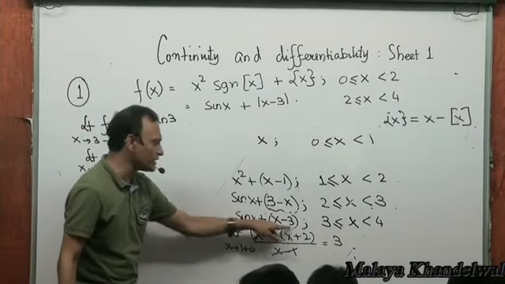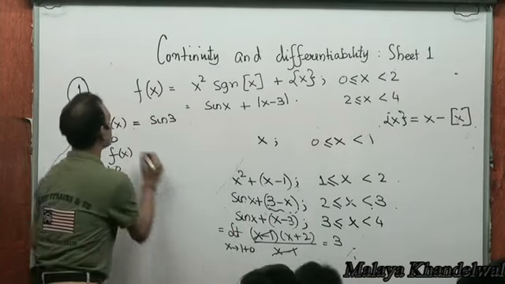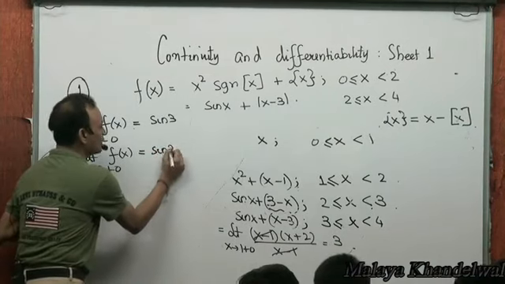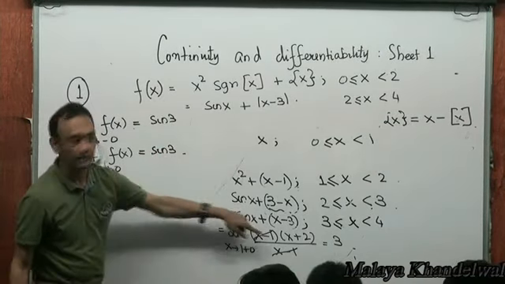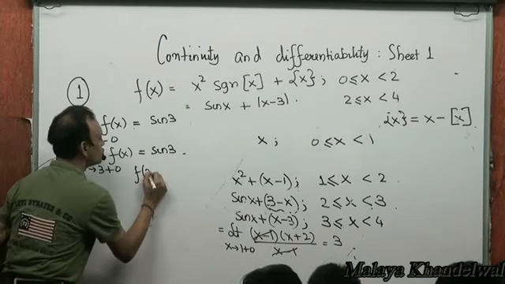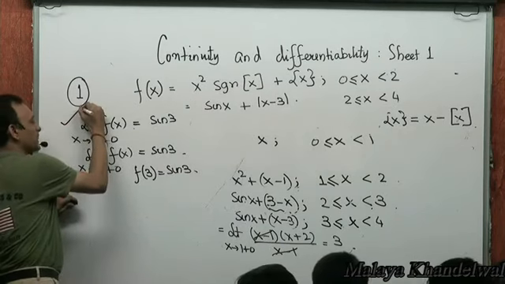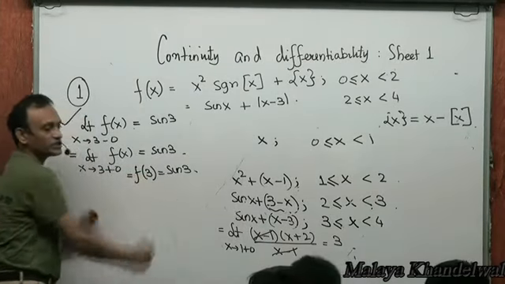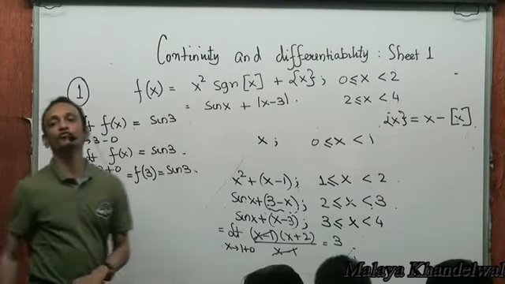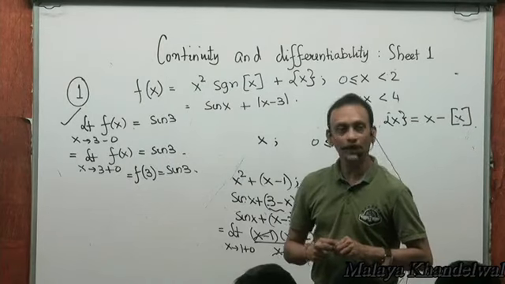As x tends to 3 from the greater than 3 side, this tends to 0 and this tends to sine 3. So this will tend to sine 3. The value of the function at x equal to 3 can be obtained from this, which is sine 3. So f(3) is also sine 3, which means the left hand limit at 3 is equal to the right hand limit at 3 is equal to the value of the function at x equal to 3. The function therefore, as expected, is continuous at x equal to 3, right?